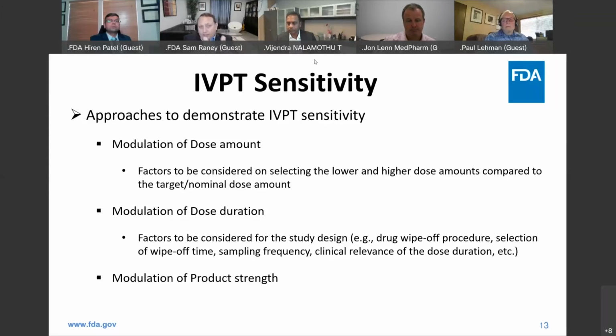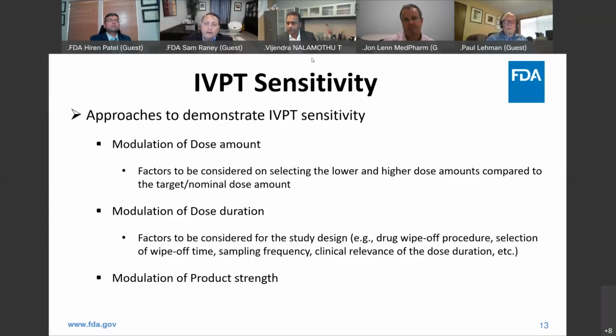Is it okay if that's the same for the test and the reference product? At least what you've been able to do now is produce a profile where you can see the absorption phase into the skin, and then as that drug permeates through, the elimination curve of the drug from the skin, and compare that for the test and the reference product.